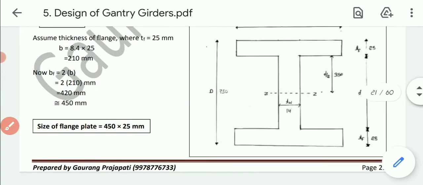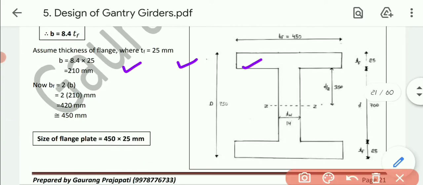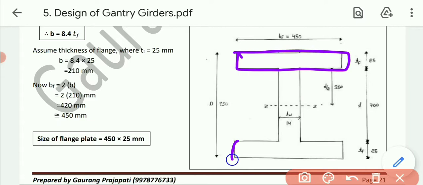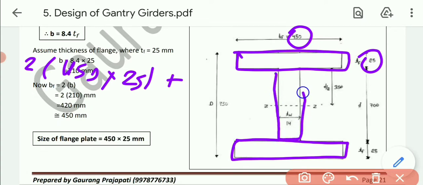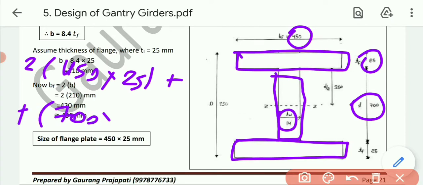So first of all, let's calculate the area of the plate girder, gantry girder. First of all this one and this one, 450 cross 25 multiplied by 2 times. Two flanges are there, so plus the web dimension, that is the central one, 700 cross 14.